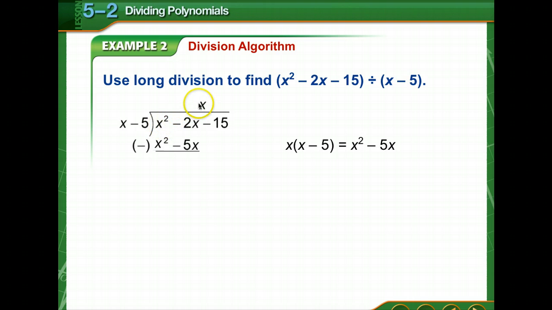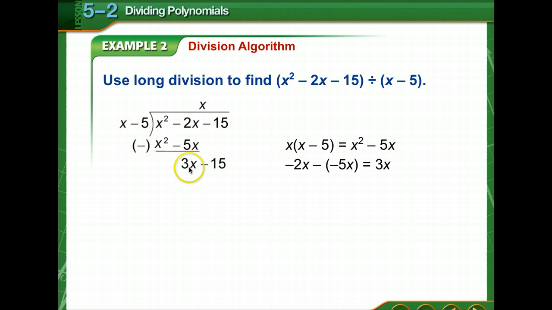Well, it goes into it x times. So then you just go back and multiply what you got times both of these terms. X times x is x squared. X times negative 5 is negative 5x. So now we're going to subtract the terms from each other, which means it's going to change the sign. So 5 minus 2 is 3x, and bring down your next term.